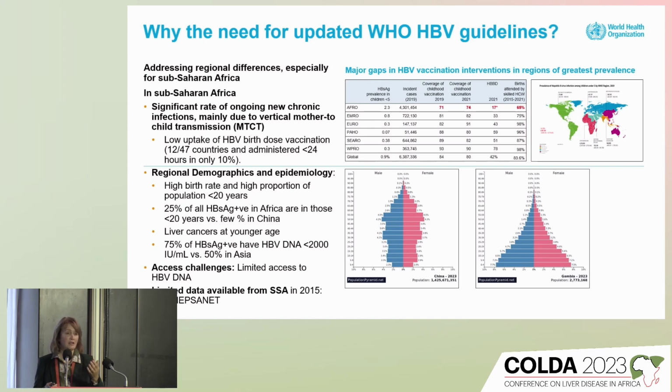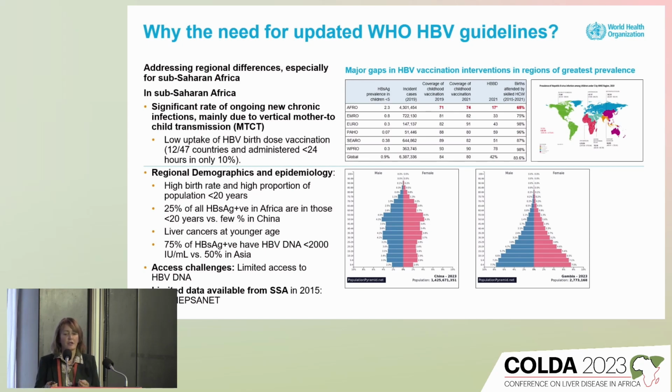This will change with this now big new commitment or reactivation of the Gavi commitment to now promote birth dose, covering both the operationalizing of this as well as now probably going to be covering the cost of the vaccine. So this is going to be a really important step forward, particularly in sub-Saharan Africa.